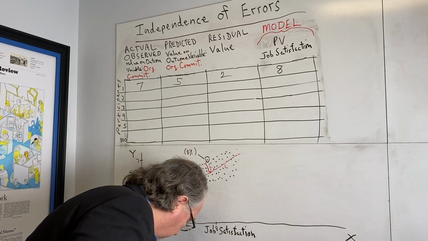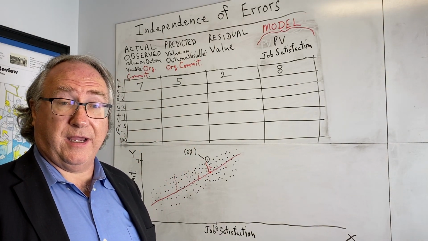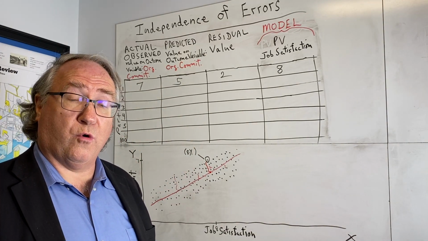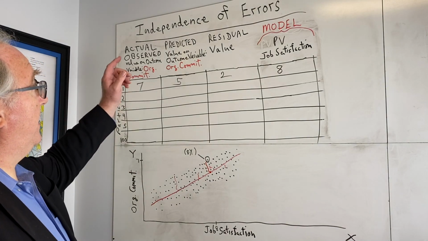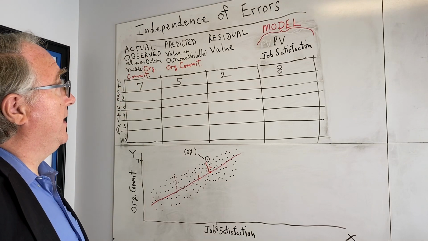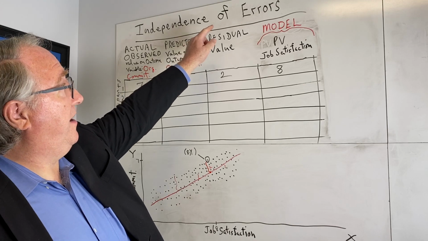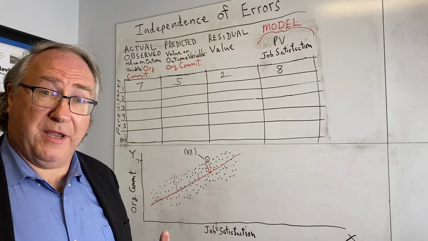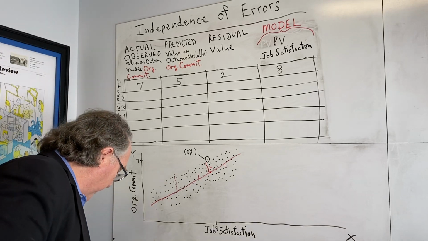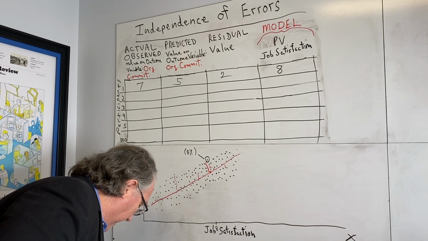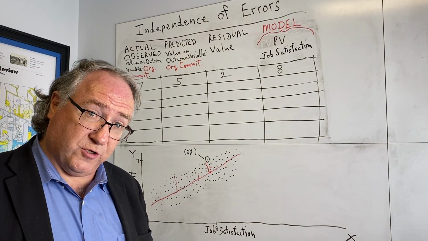Okay, so now that you have a good sense of what we mean by the residual or the error, an important assumption in multiple regression is that we have independence of errors, or independence of our residual values. And by the way, it is an extremely important assumption in regression.